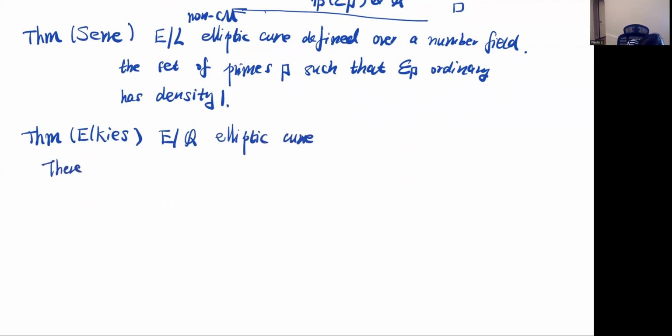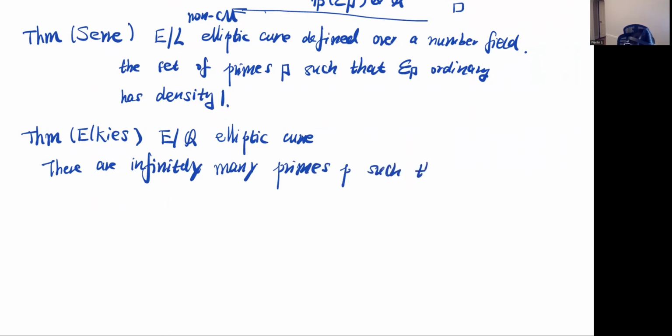Then there are infinitely many primes P such that the reduction E_P is supersingular.